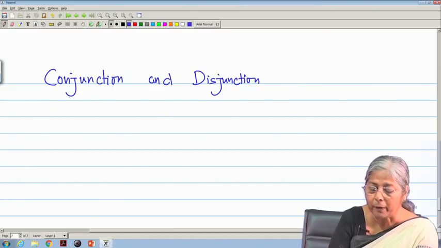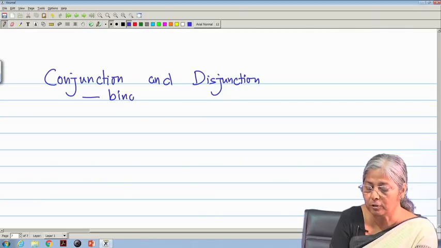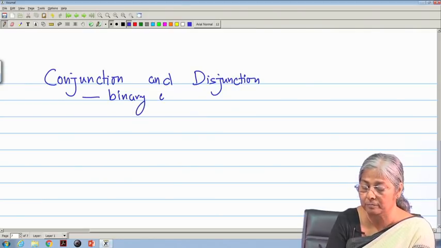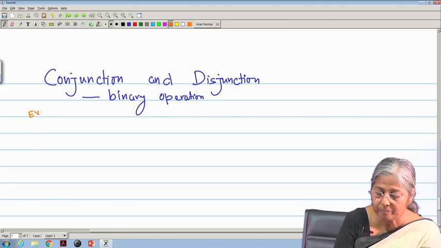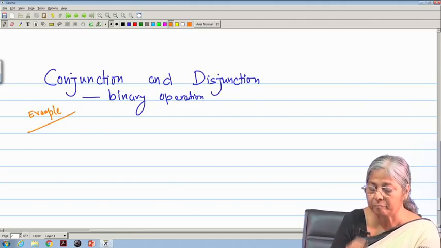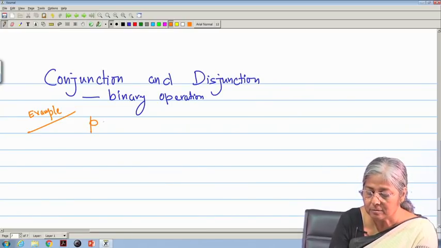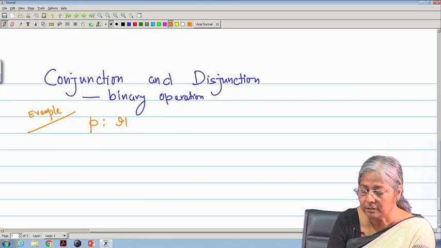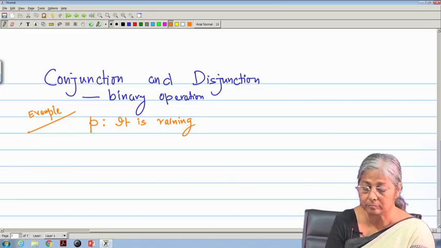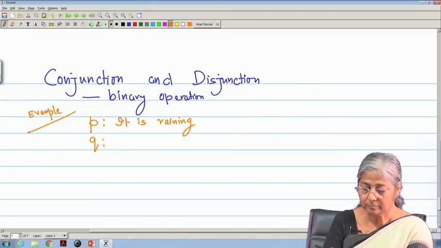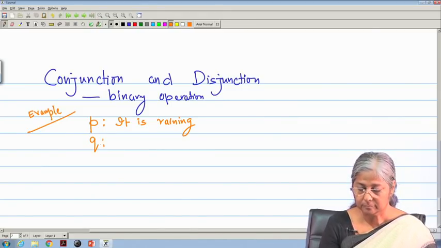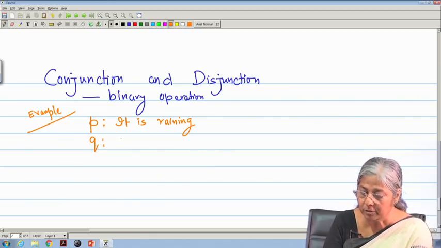For these operations I need two propositions. Let me take a quick example. P is one proposition, "it is raining." Q is "it is cold."